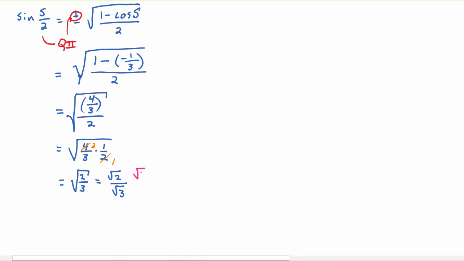So we multiply by 1 in the form of radical 3 over radical 3. So then this will become radical 6 in the numerator and 3 in the denominator. So now we have the sine of s over 2.